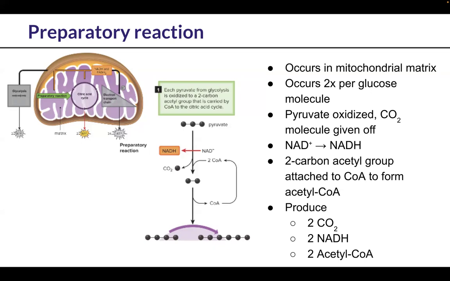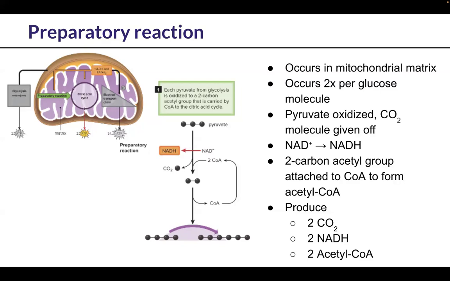And what's going to happen is the pyruvate is going to be oxidized. We're going to release carbon dioxide as a waste product. We're going to reduce NAD+ into NADH. This is going to be a way for us to carry the electrons later into the next cycle.